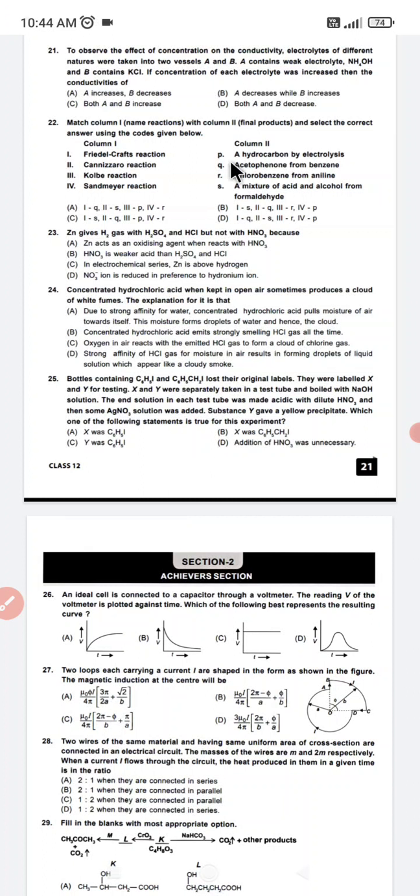In column 2 we have a hydrocarbon by electrolysis, acetophenone from benzene, chlorobenzene from aniline, and a mixture of acid and alcohol from formaldehyde. These are the four options. You have to find out the correct answer.